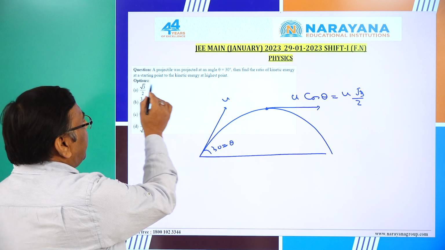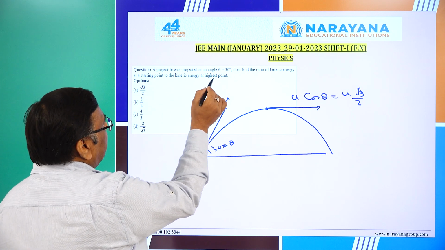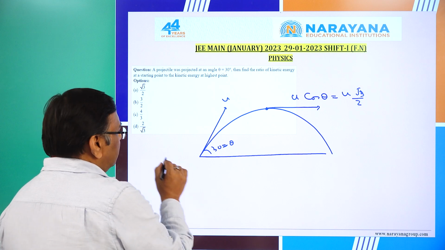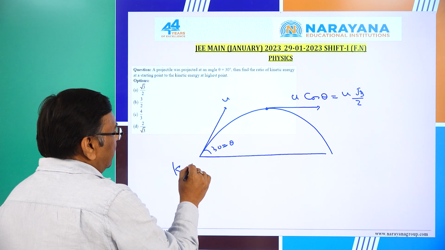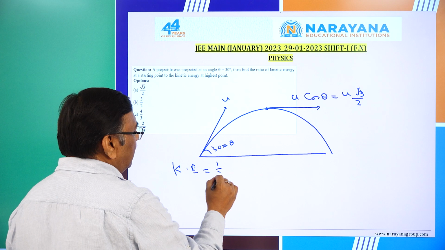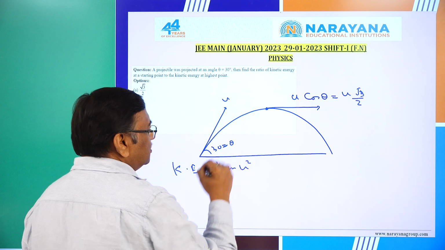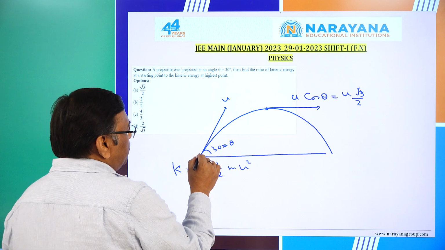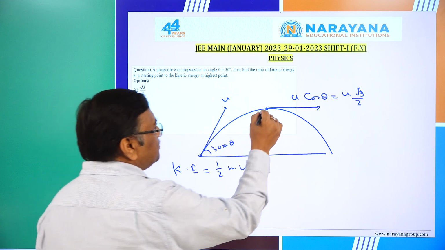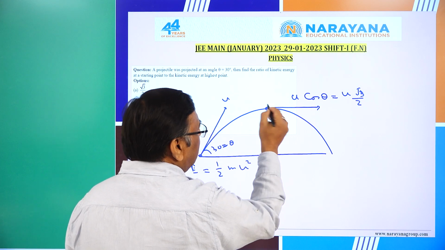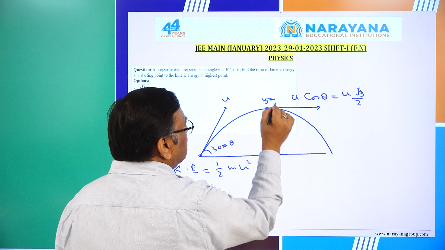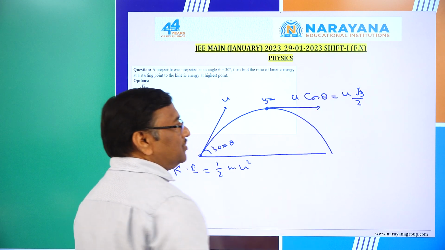Now as he is asking the kinetic energy at the lowest point and at the highest point, kinetic energy we know very well is equal to half m into speed square. Speed at the point of projection is u, and speed at the highest point, as the vertical component of velocity becomes 0, is only u root 3 by 2.